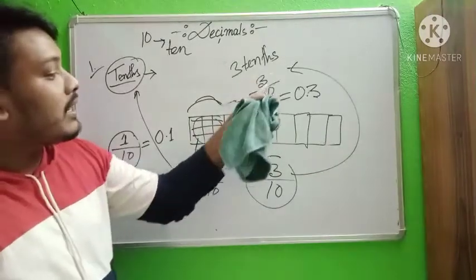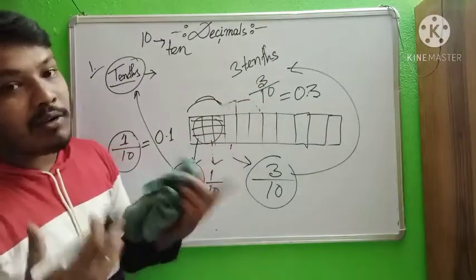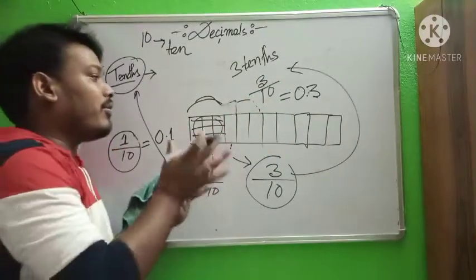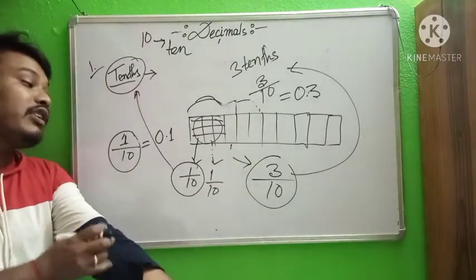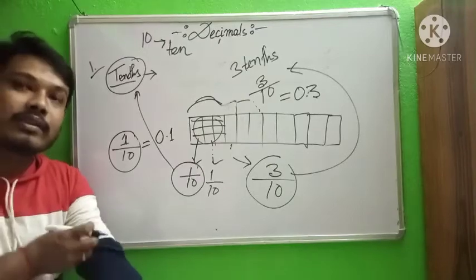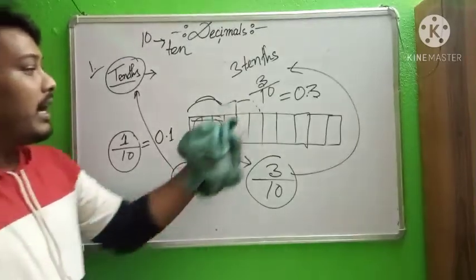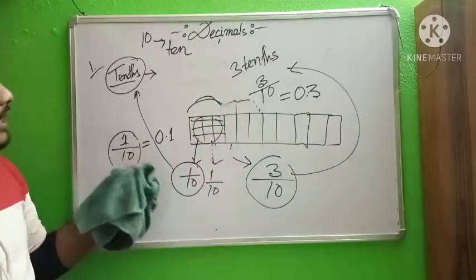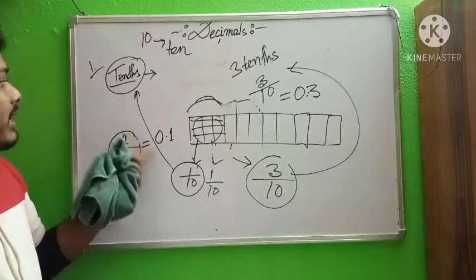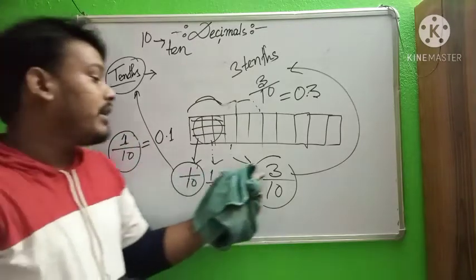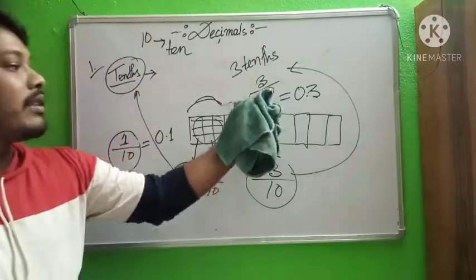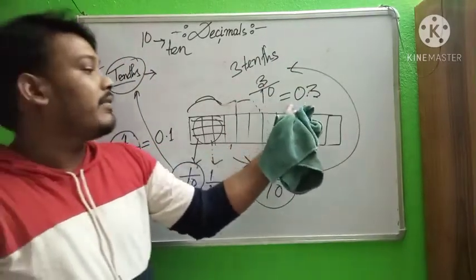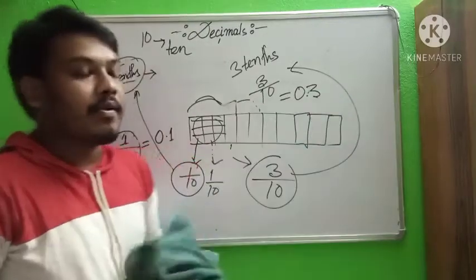When the numerator is 3, we call it three tenths, 3 by 10, which equals 0.3.